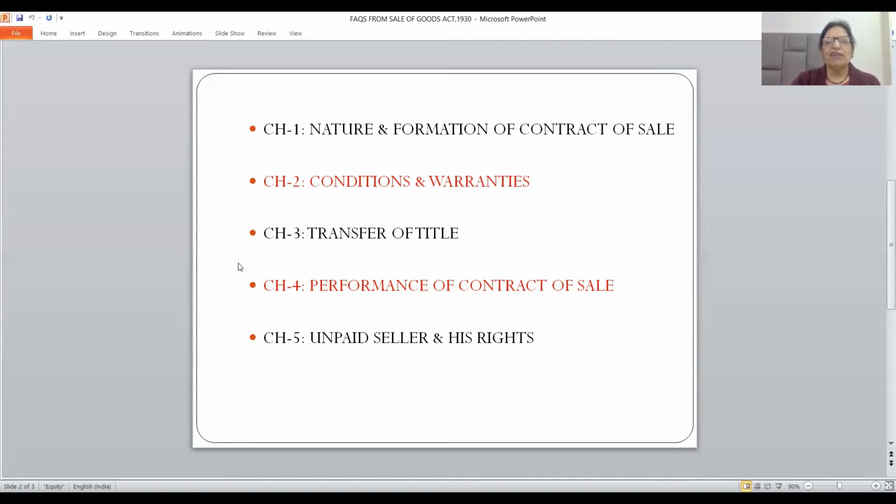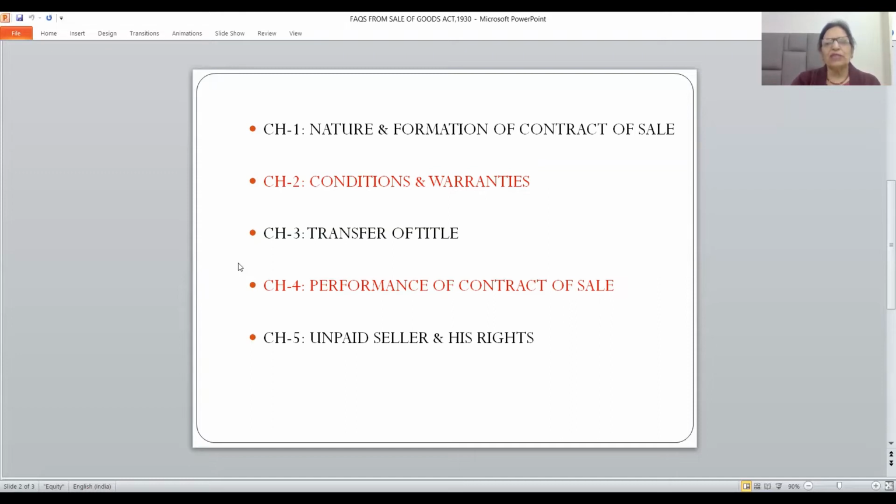So friends, 3-way classification: existing goods, future goods, contingent goods. Now, future goods are not owned and possessed by the seller at the time of formation of contract. They are to be acquired, or they are to be grown in the future, and after they are grown, they are to be sold by the seller to the buyer.